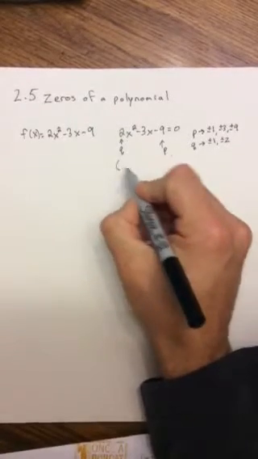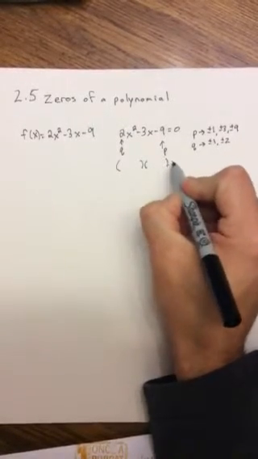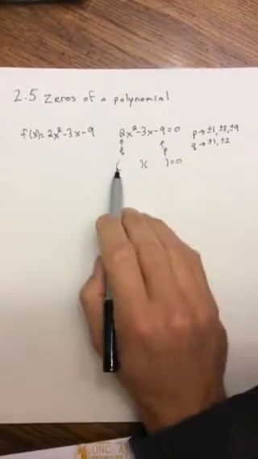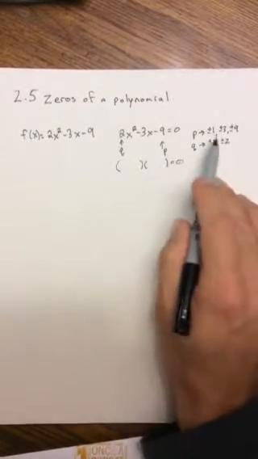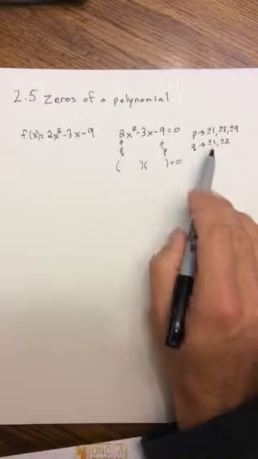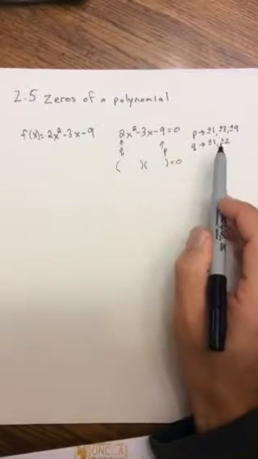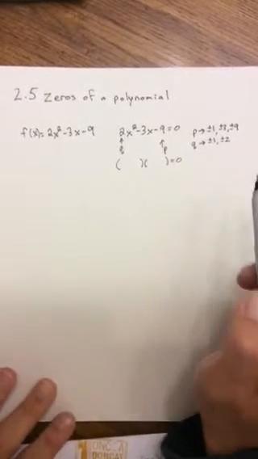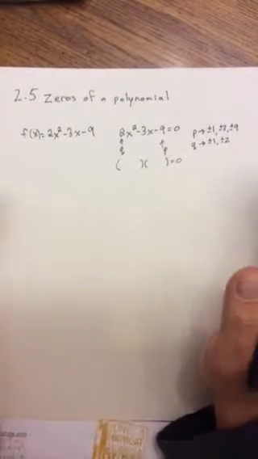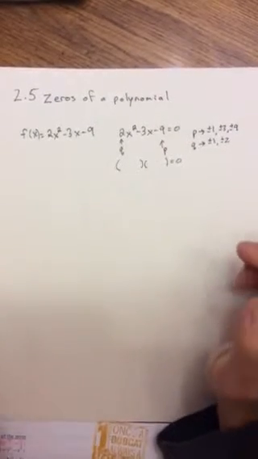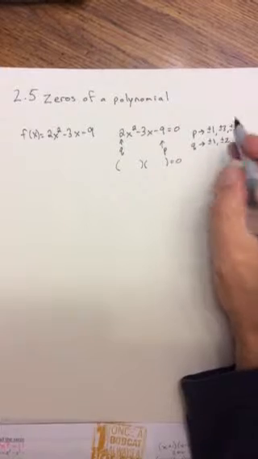So you always created 2 factors like this, but weren't the numbers that were going to go here related to factors of this somehow? And in fact, wouldn't these as a ratio create your potential zeros? Not necessarily all of them, but potential zeros.